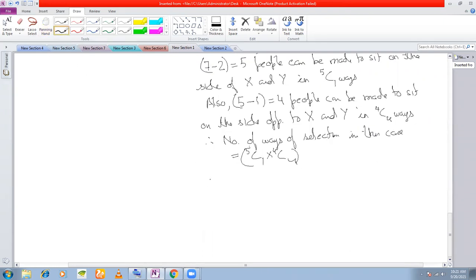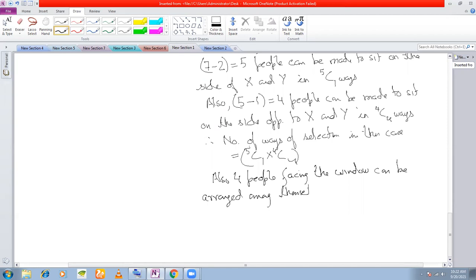Okay. Now, in how many ways can they be arranged? Also, 4 people facing the window can be arranged among themselves in 4P4 equal to factorial 4 ways.